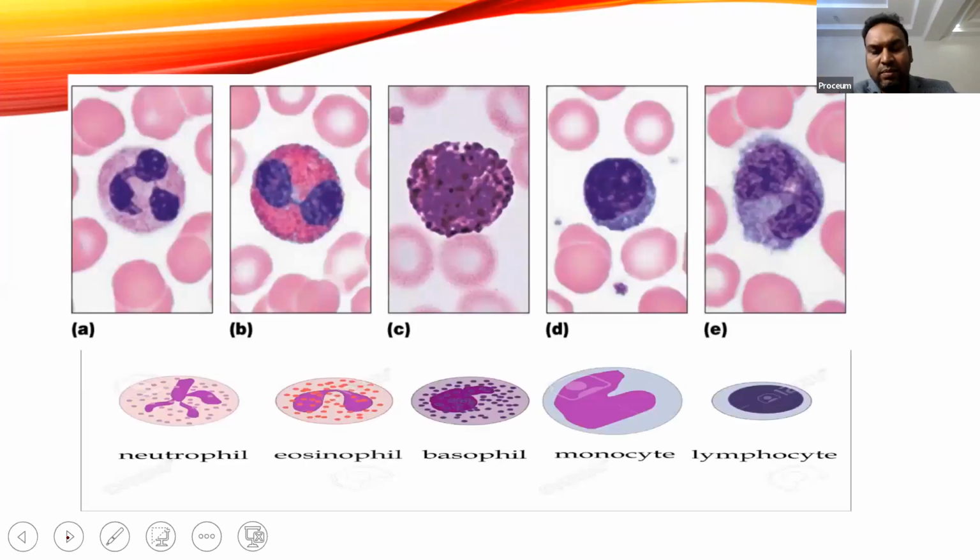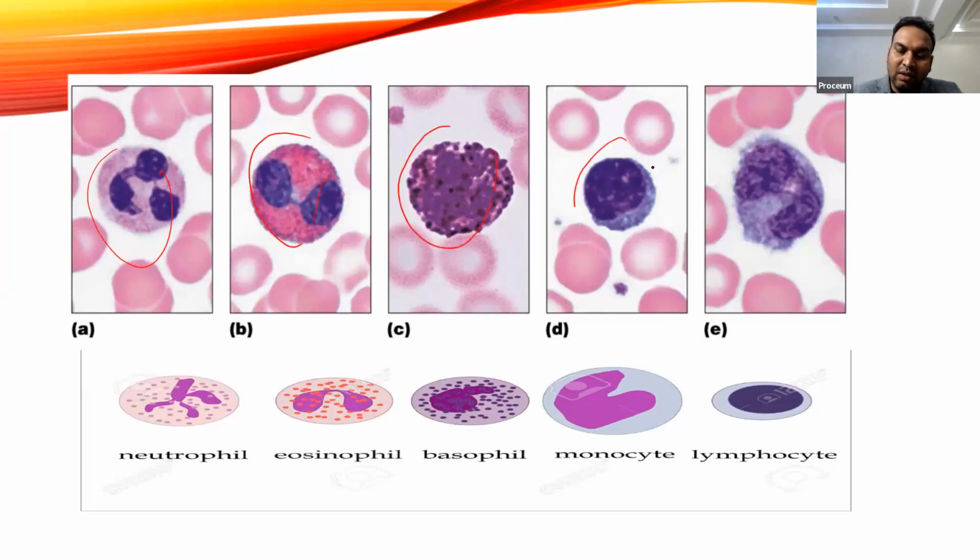These are the real pictures which you see under a light microscope, and they can be identified. And these are drawings of the leukocytes. A is a neutrophil.